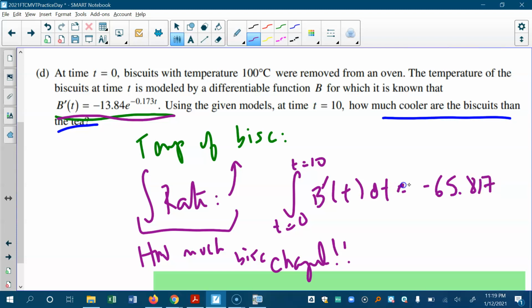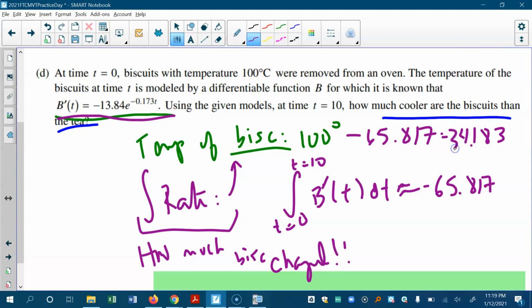That's an approximation. From 0 to 10 minutes, the temperature of that biscuit dropped 65.817. So the temperature of this biscuit then is 100 degrees minus that 65.817. And that is going to get us a 34.183, I believe. You can check me if I'm wrong.